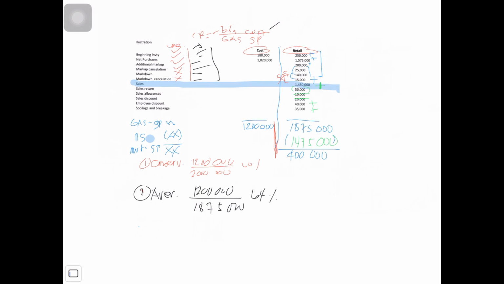And now, let's go to our third one, guys. What is the third? FIFO. So, in FIFO, for goods available for sale at cost, beginning is not included.